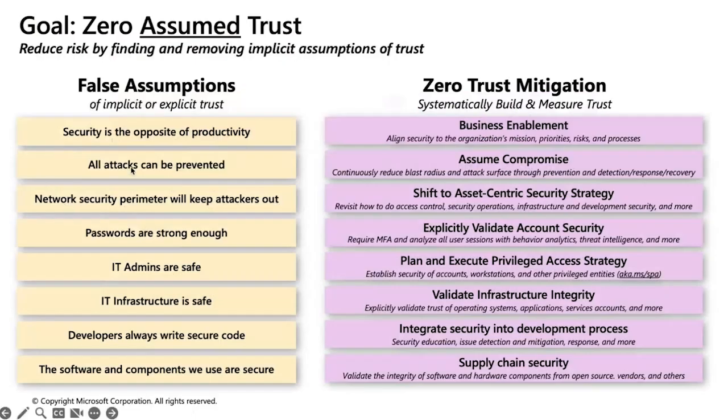Another false assumption is that all attacks can be prevented. No, we have to follow an approach where we are enhancing security over time. We are all from IT, and we know that over the internet, in the IT industry, we see new and different attack patterns being introduced over time.